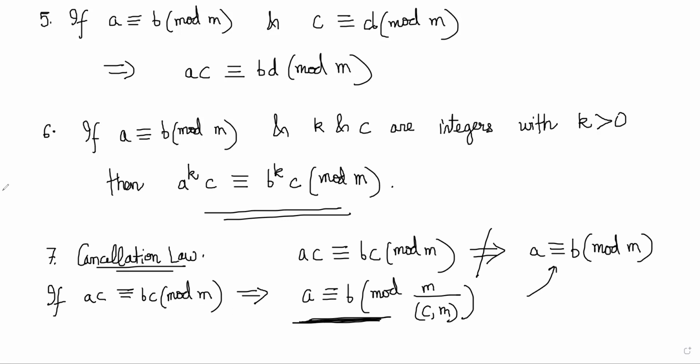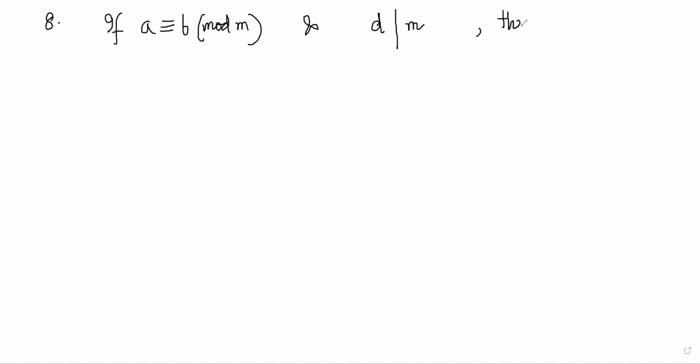The next property that we look at here is property 8, which is if A is congruent to B mod M and D divides M, so D is a divisor of M, then we can say that A is congruent to B mod D as well.